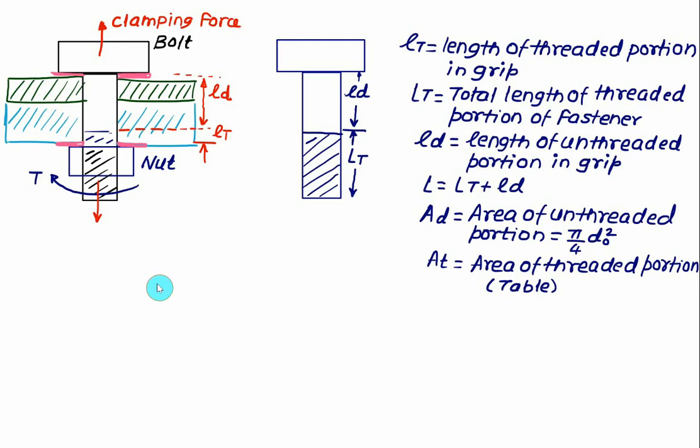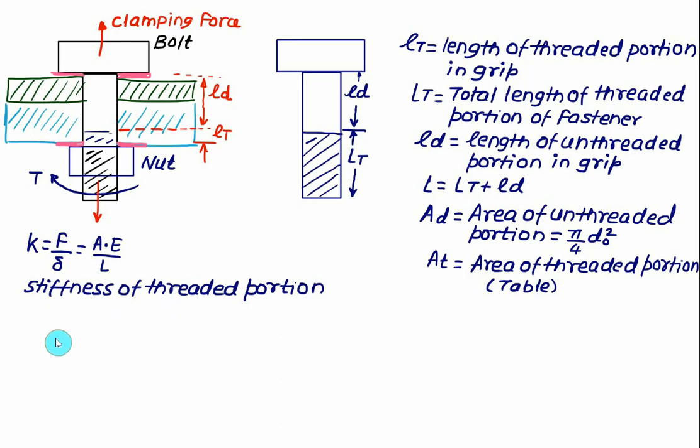Just now we have shown that the stiffness K is given as force divided by the deflection, that is deformation delta, which is equal to area multiplied by Young modulus divided by length L. Using this we can calculate the stiffness for the threaded portion and unthreaded portion.